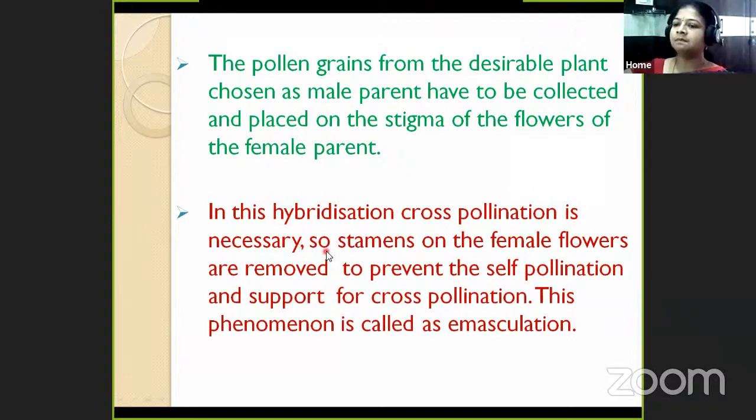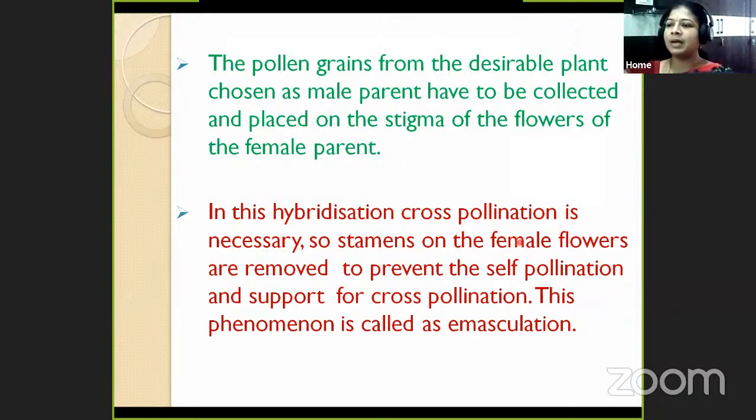So that's why stamens on the female flowers of the female plant are removed to prevent self pollination. In self-pollination, there is no recombinant formation. So self-pollination is prevented to encourage cross-pollination.